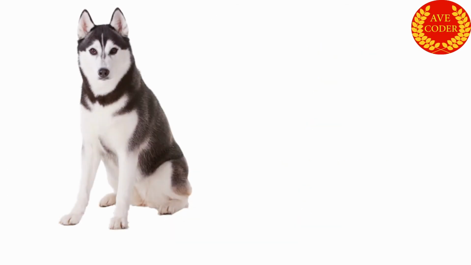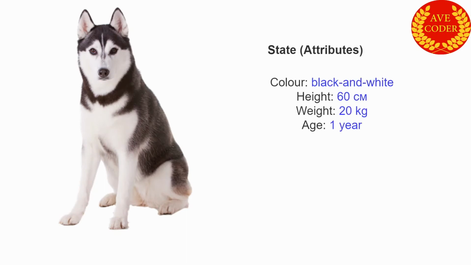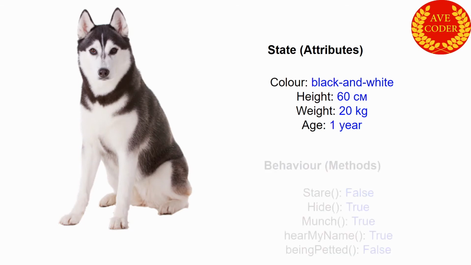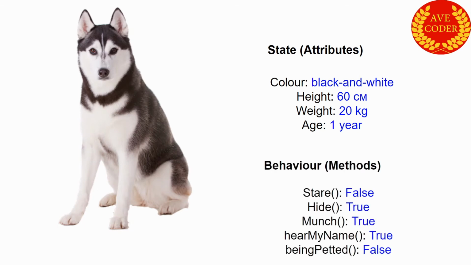Software objects also can have characteristics or state, and a behavior or methods. When we say that an object is in a certain state, it means that all of its properties are defined by a set of certain values. They can be defined either explicitly or by some default settings. The object's behavior is defined by the object's methods.